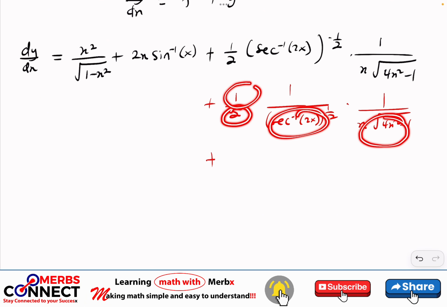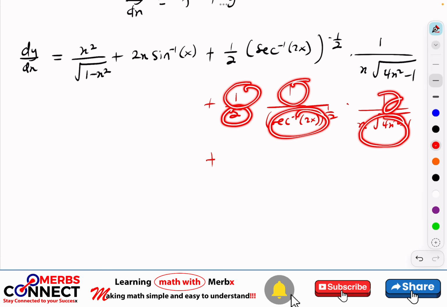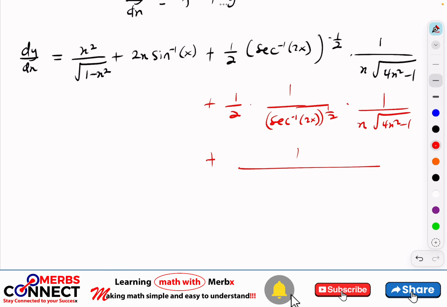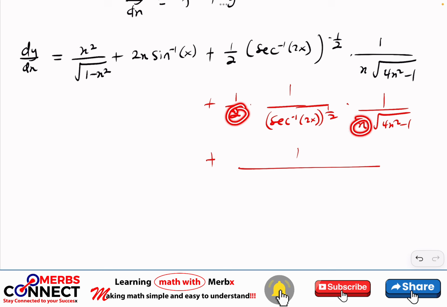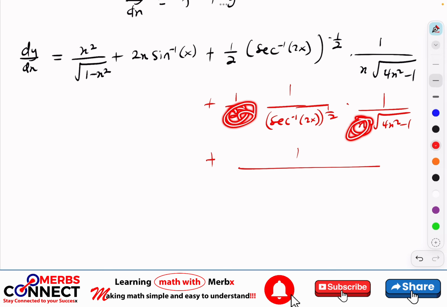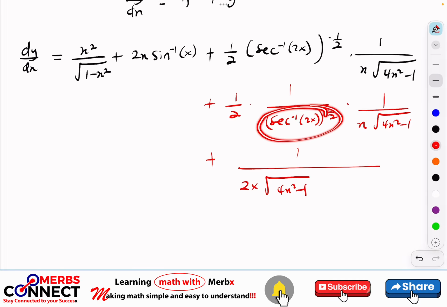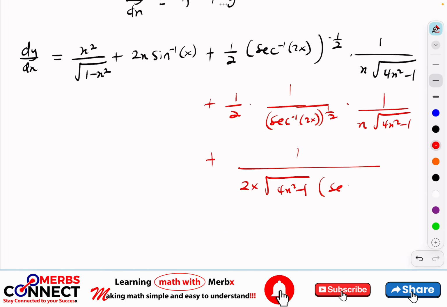So the top is 1, 1, 1, so the top will be just 1. Then when I multiply 2x to this, 2 times 2x is going to give us 2x times the square root of 4x squared minus 1. Then times this guy here, and I have secant inverse of 2x to the power 1 over 2.